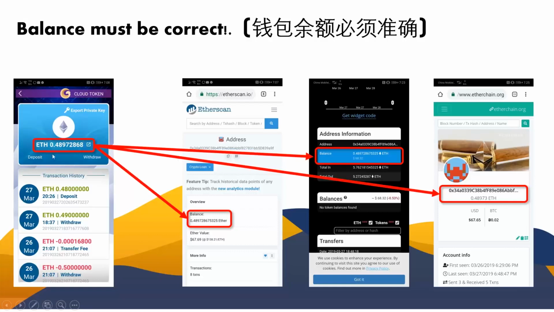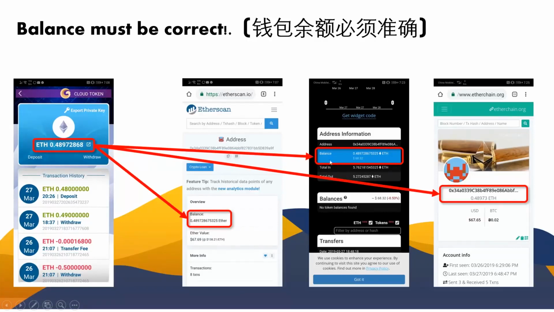It shows the balance, and you check with Etherscan. It's supposed to be the same. You look at ETH Explorer and Etherchain. They all show you the same number, except for Etherchain, which rounded up: 48973, because it's 8 here, so they rounded up to 3.